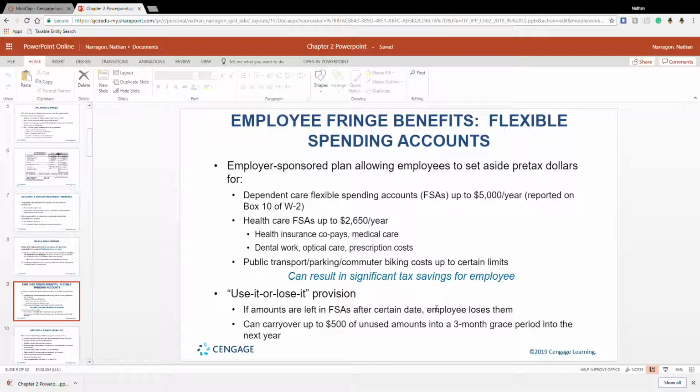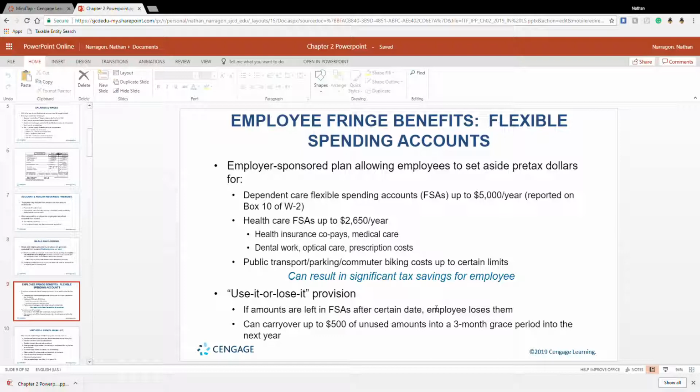Now, you can carry over up to 500 of an unused amount into a 3-month grace period into the next year, because usually FSAs, even if there's not a certain date, tend to be at the end of the year. So 500 is actually pretty good if you still have that unused.